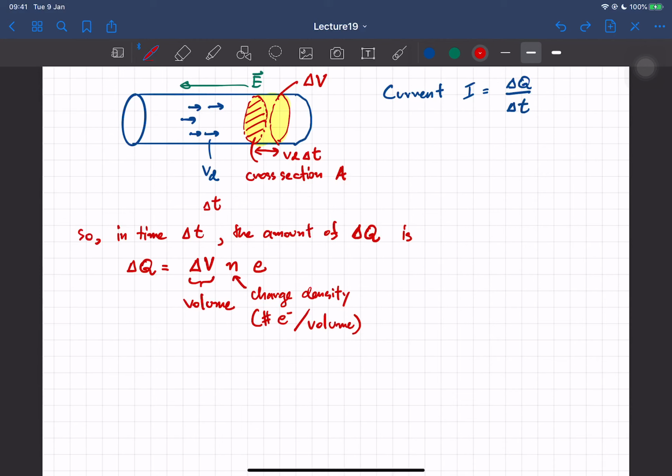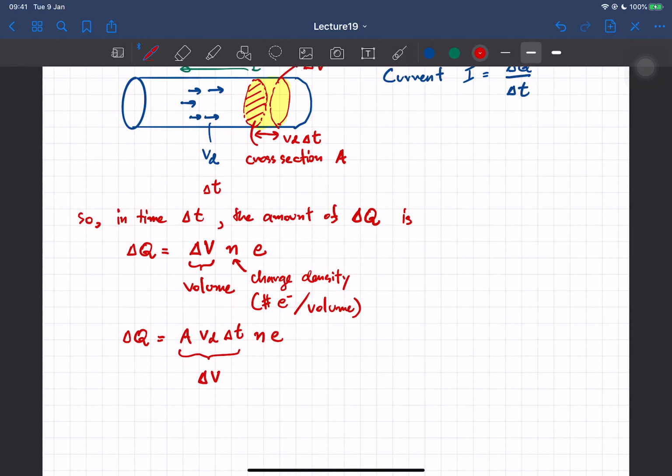But again, volume can be written in terms of the cross-section area times the drift velocity times the time. This is delta V written in a different way. And then N and e have to follow, right?